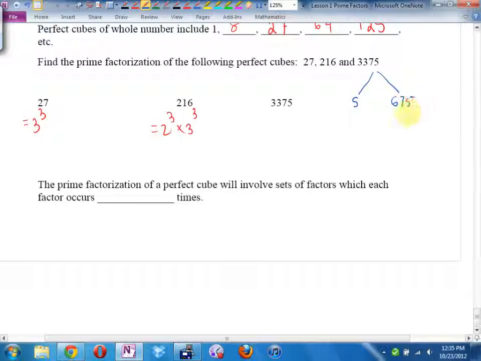What goes into 675? Let's circle the 5 because it's prime. What goes into 675? 5 times what? 135? What goes into 135? 5 times what? 27. Oh, what's the prime factorization of 27?